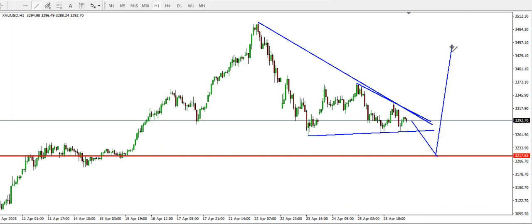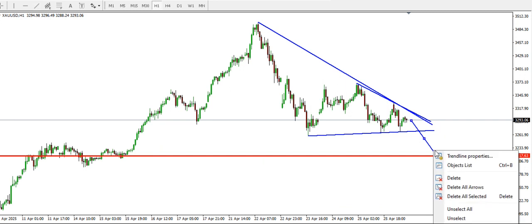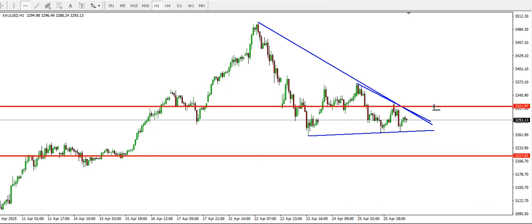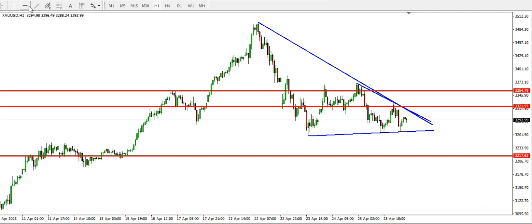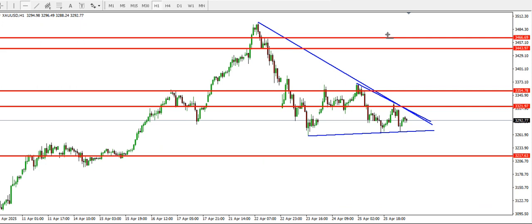Or we might see price go up, but we have this order block here, we have another one here, another one here on the 1-hour time frame, then the final one at the top.